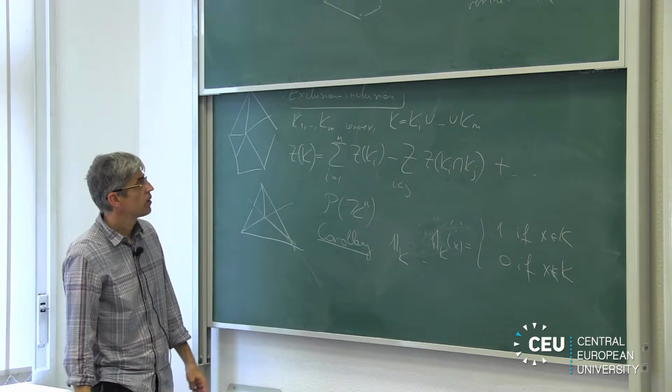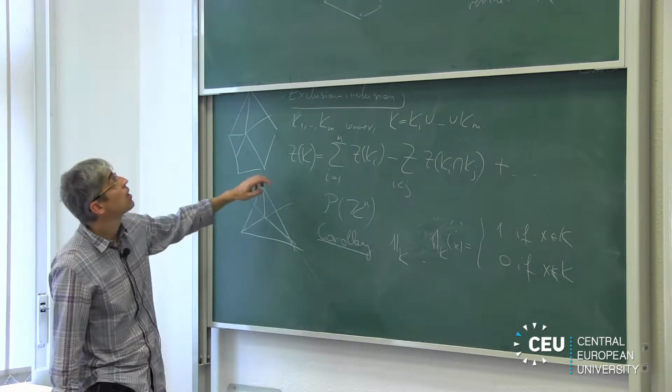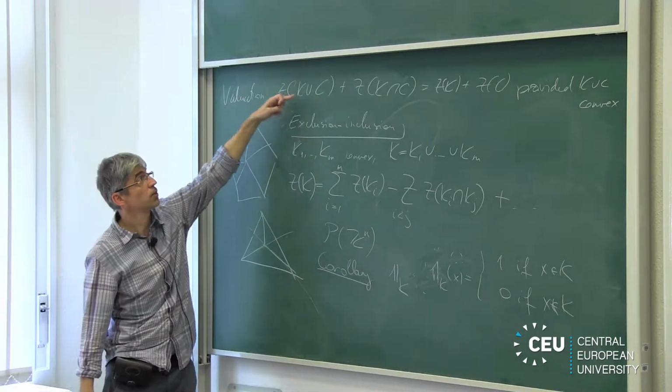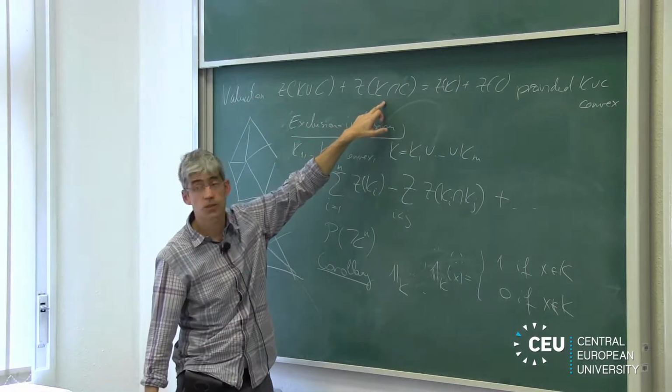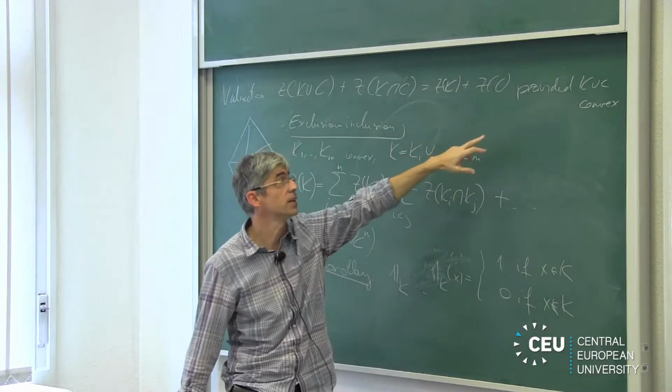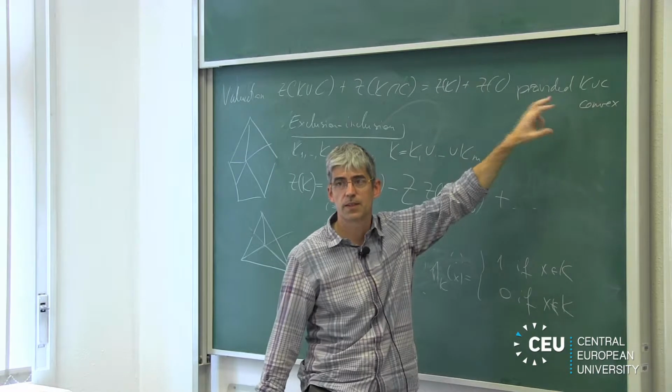For the defining relation, if I consider the characteristic function of the union and add the characteristic function of the intersection, I get the sum of the two characteristic functions. Actually, for this, I don't even need convexity.